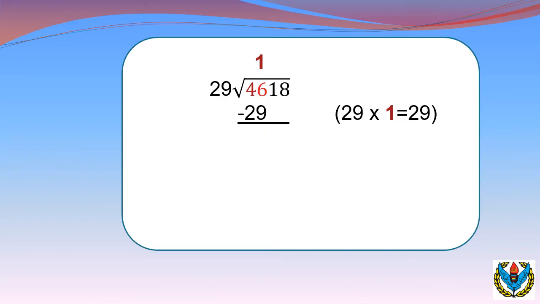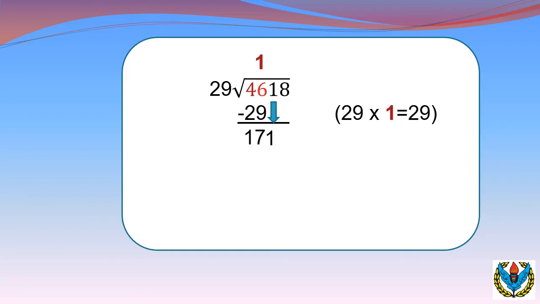Next we have to subtract 29 from the 46 and we get 17 in the remainder, and next we will bring down the 1 from the tens place and it became 171.